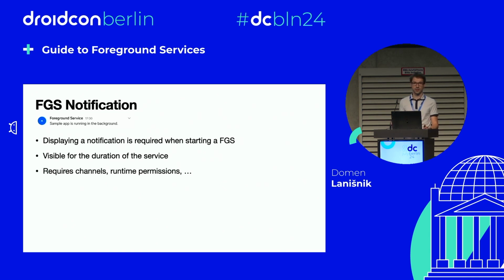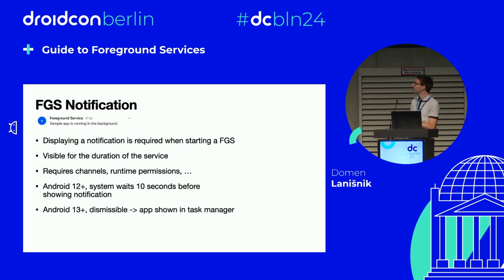So you need to create notification channels, have runtime permissions from Android 13, and then also build the notification object. On Android 12 and newer, the system will actually wait for 10 seconds before it will show the notification. So if you start a foreground service and finish the work within 10 seconds, the user won't see the notification.